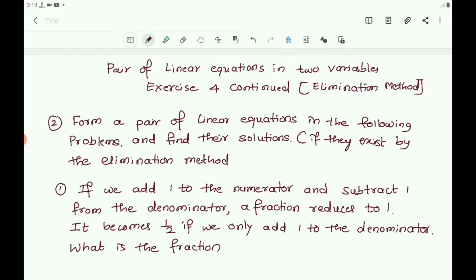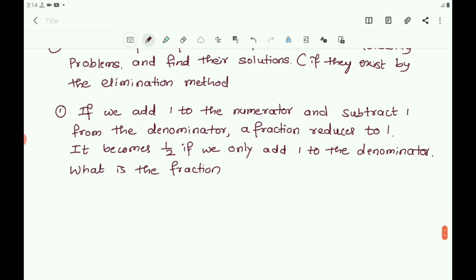The first question is, if we add 1 to the numerator and subtract 1 from the denominator, a fraction reduces to 1. It becomes 1 by 2 if we only add 1 to the denominator. What is the fraction?